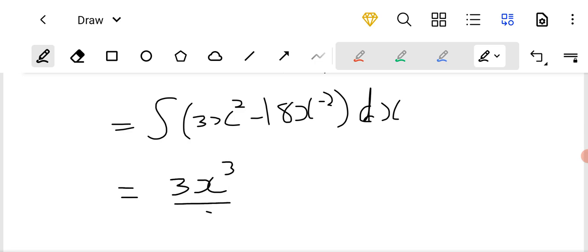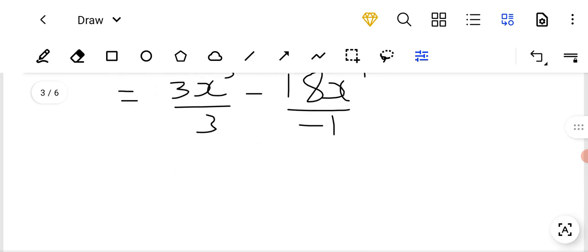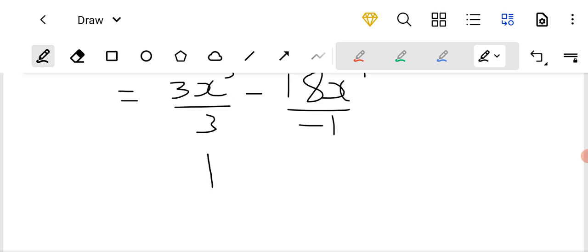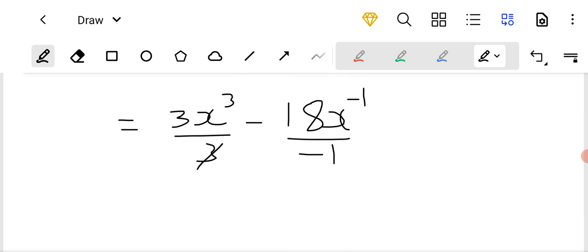Then to continue, you now integrate, so it will be equal to 3x to the power 2 plus 1, which is 3, divided by 3, minus 18x to the power negative 2 plus 1, which is negative 1, divided by negative 1. Here you can start cancelling out, so 3 goes into 3 once.